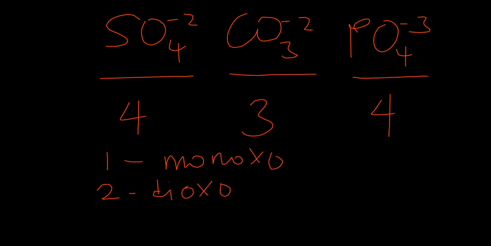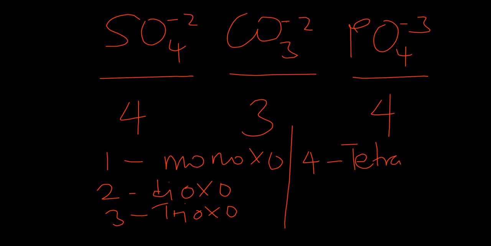If the number is 3, it should be a trioxo. If it is 4, it should be a tetraoxo. If it's 5, it should be pentaoxo. If it is 6, it should be hexaoxo.